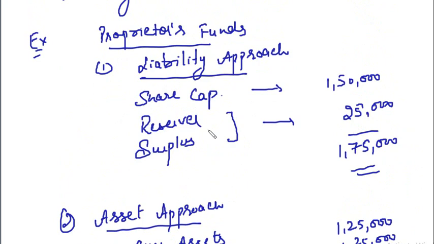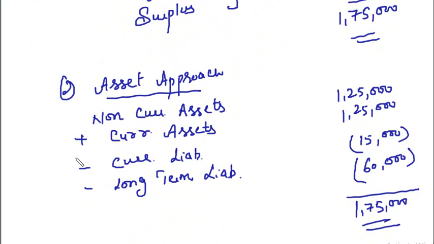So you can calculate from both the approaches. Even in the exam, you can show both the approaches as a working note, not an issue. Depending upon the information given, you can show the liability approach and the asset approach. Clear?